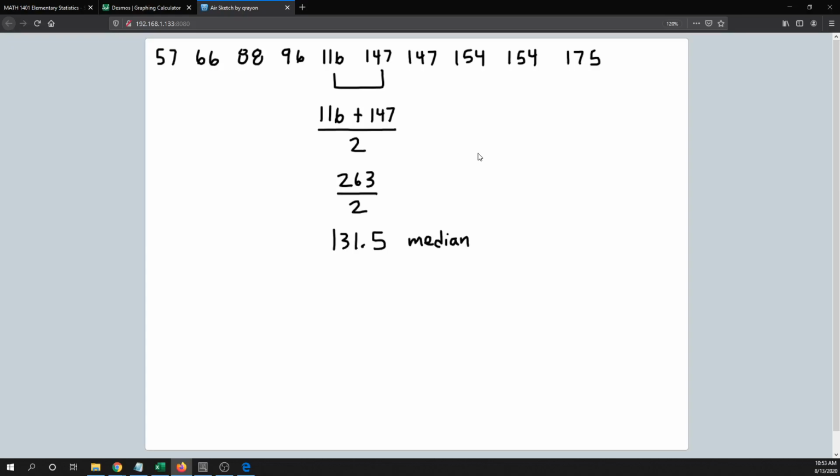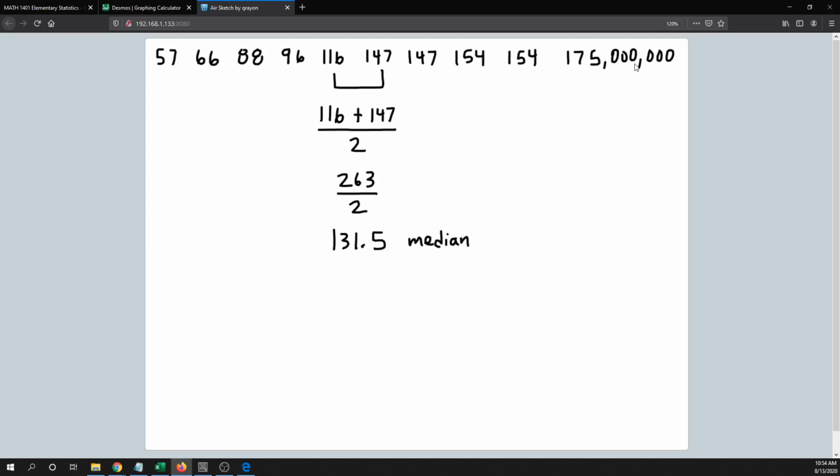If the last number over here was really huge, let's just say this big, we would still calculate the median exactly the same way. There are still 10 observations, so we would take the average of the middle two and get 131.5. This number over here could be huge, but it really won't affect the median in this case.